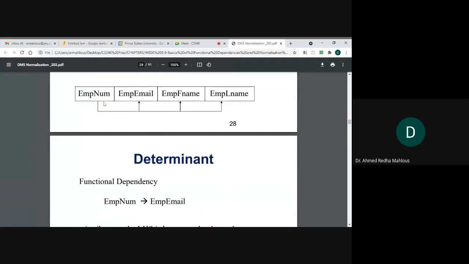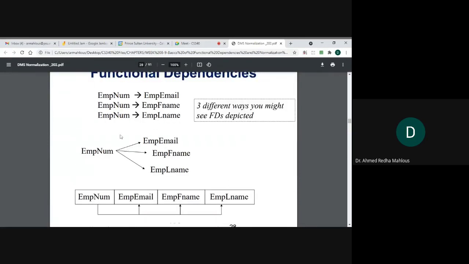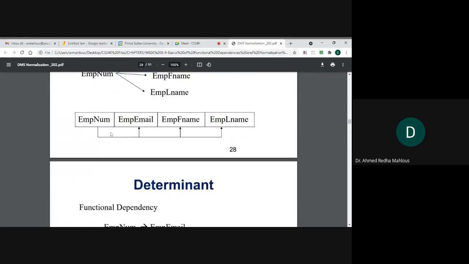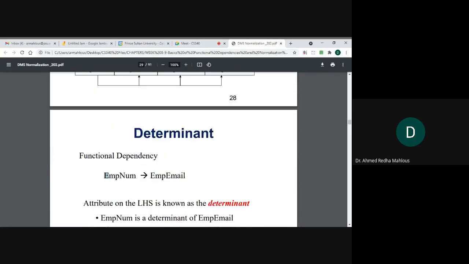The one we are going to adopt is this one. When you define your relation schema, the left-hand side in a functional dependency will have a line without any arrow, and the line with an arrow will be considered the right-hand side.